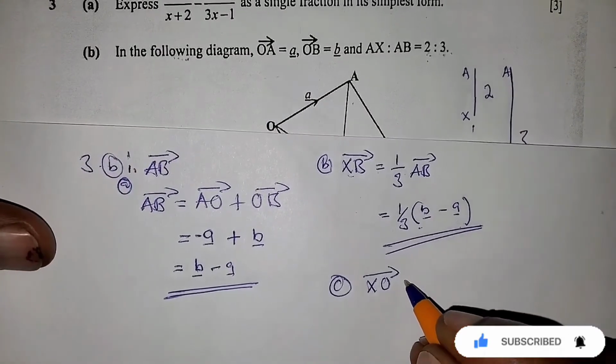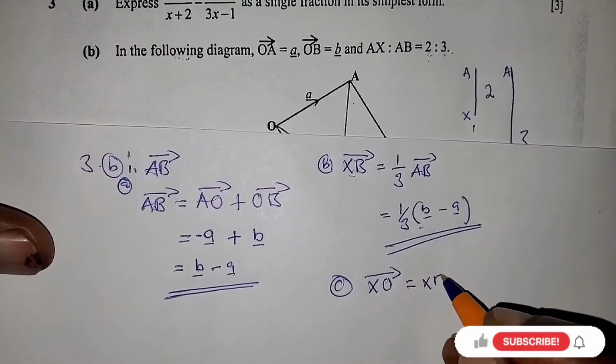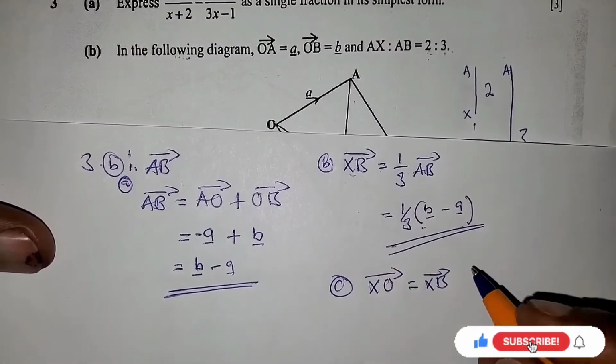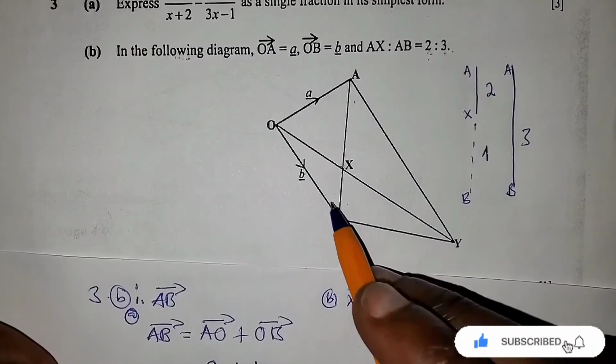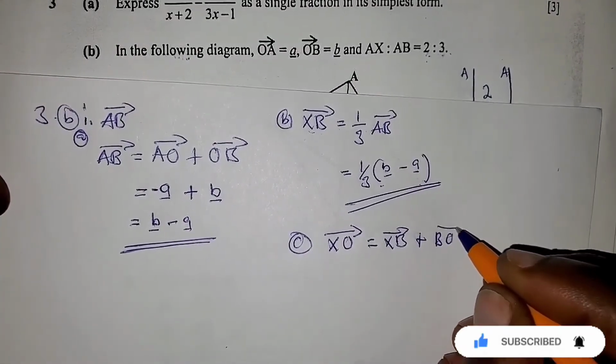So XO is going to be XB, this vector here, plus BO, this one.